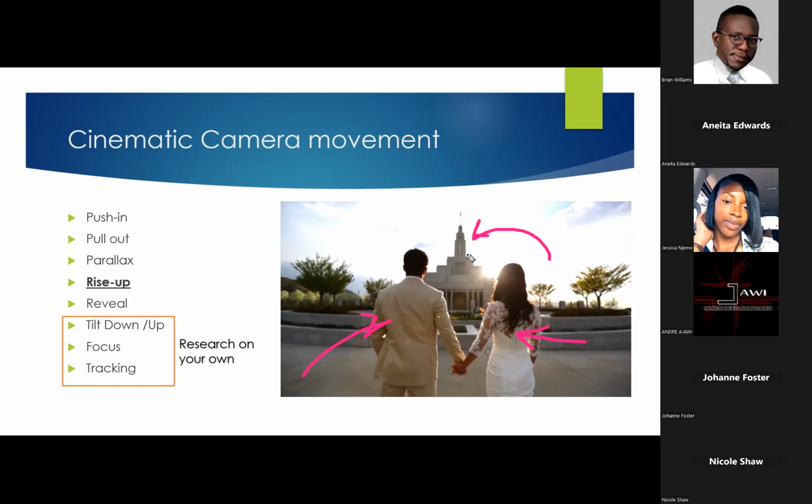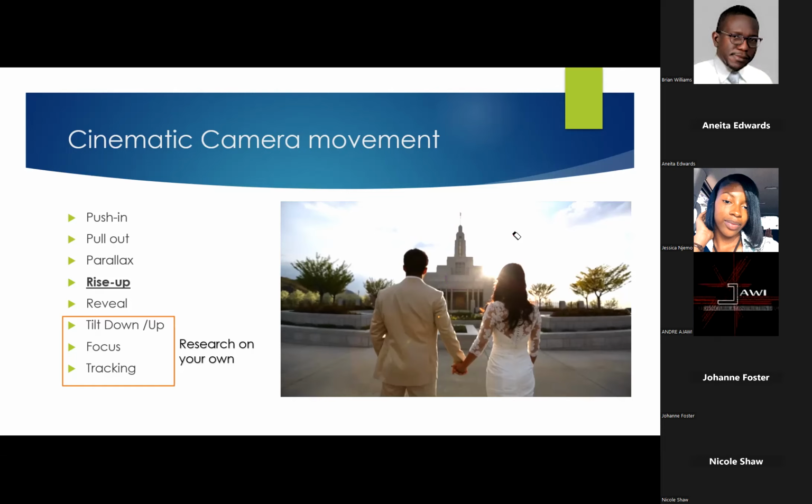And the chapel is like the central thing that unites these two persons together. The chapel is on an axis where the bride holds the groom's hand, right? So there's a lot of storytelling that's happening in this shot. All of this can be conveyed.